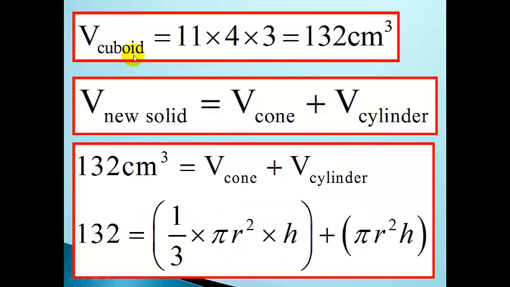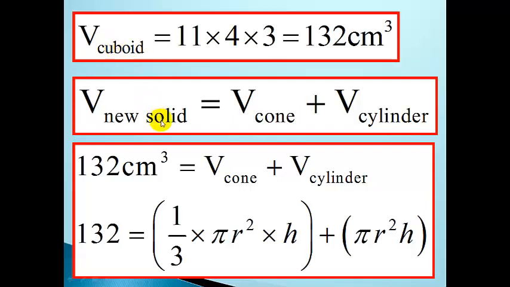Now, volume of the cuboid is equal to 11 times 4 times 3, and we had 132 centimeters cube. And we are saying that the volume of the new solid is equal to volume of the cone plus the volume of the cylinder. Now, the volume of the new solid will be equal to the volume of the cuboid, assuming that all the molten metal was used to form the new solid.